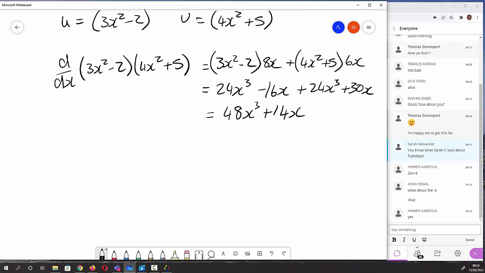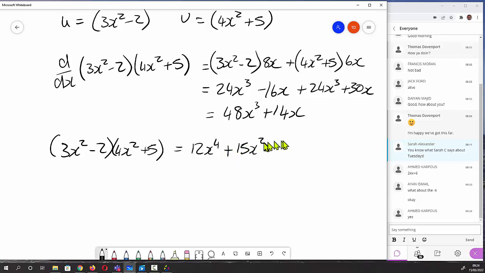Now what I'd like to do is to expand these brackets. So 3x squared minus 2 times 4x squared plus 5 is going to equal 12x to the 4, and then I'm going to get plus 15x squared minus 8x squared minus 10.